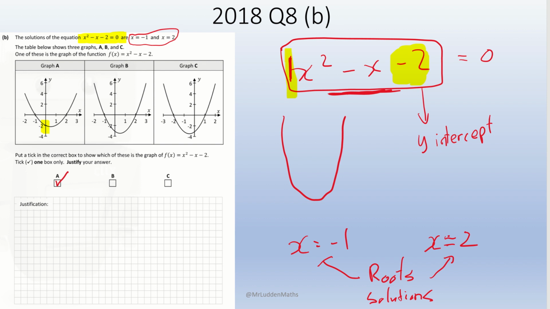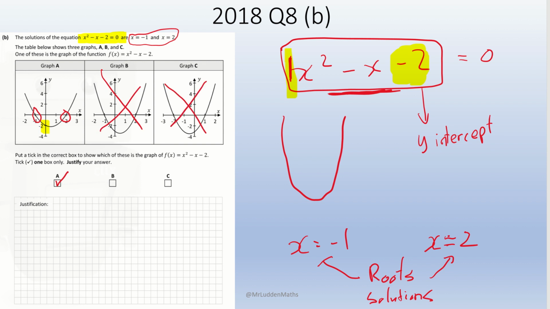So if you look at graph A, x is equal to -1 and x is equal to 2, well, that's exactly what they're talking about. You'll notice that graph B and graph C do the same thing, but seeing as they did not cross the y-axis at -2, they couldn't be the right ones. This one here, graph A, is perfect.